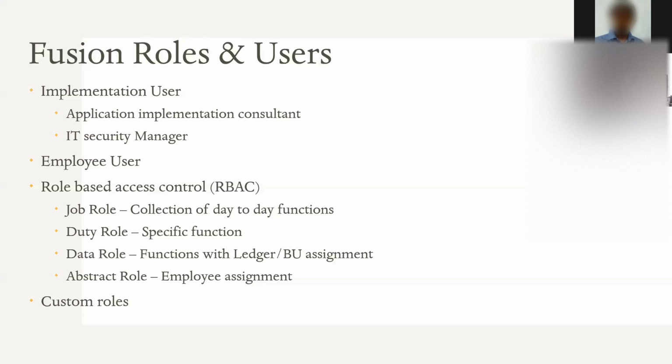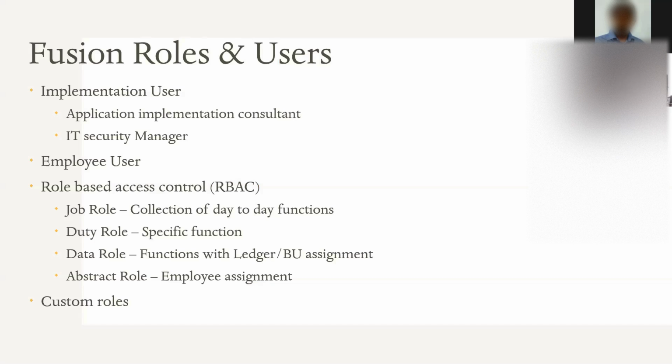We have categorized into multiple parts: job role, duty role, data role, and abstract role. So what is job role? Job role is nothing but a collection of work that we'll be doing in a particular day. Maybe I'll do the invoicing and the accounting or payments. That we call job role. And we have duty role.